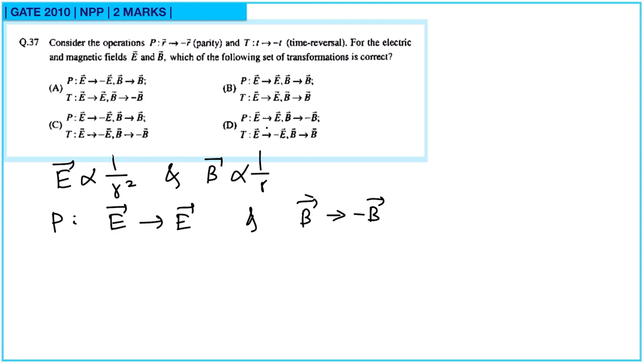So E is not changing and B is changing. So here in option D. And also E bar and B bar are not time invariant. So that means E goes to minus E bar and B goes to B bar. So option D is correct.